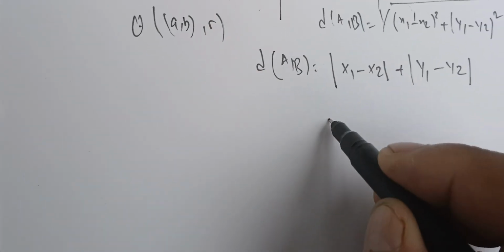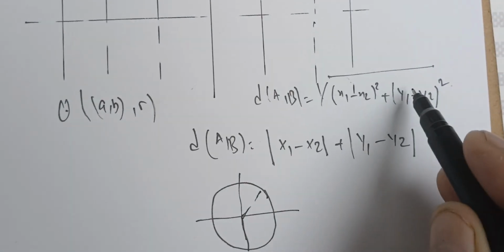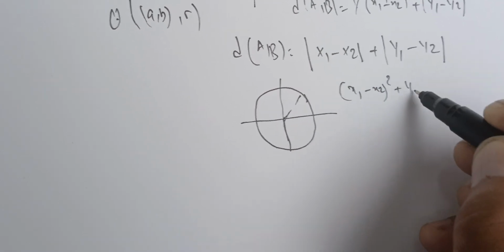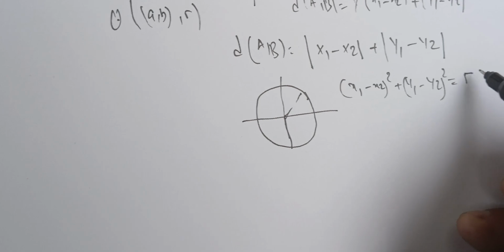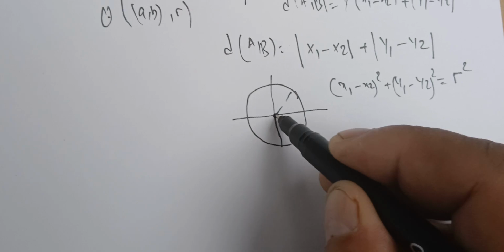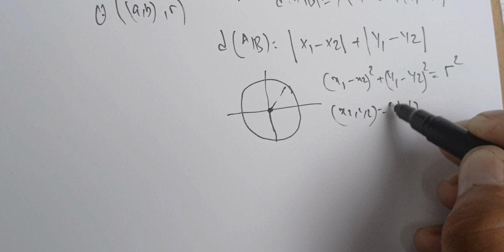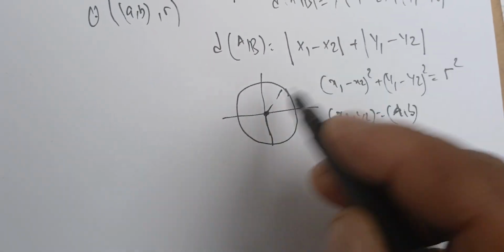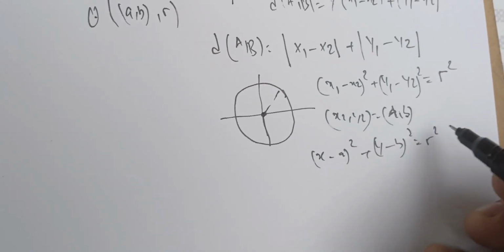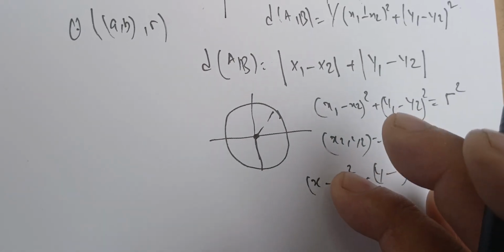So for us, a distance from A and B that's equal to r means that (x1 minus x2) squared plus (y1 minus y2) squared is r squared. If we fix x2, y2 as a, b, and we let x and y change, we're going to have (x minus a) squared plus (y minus b) squared is r squared.